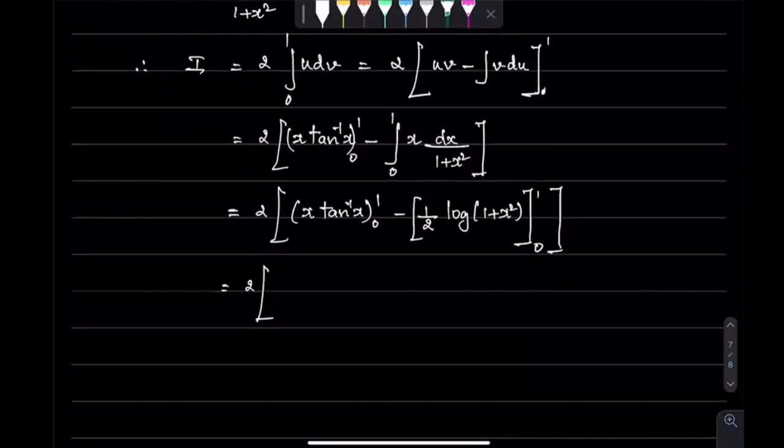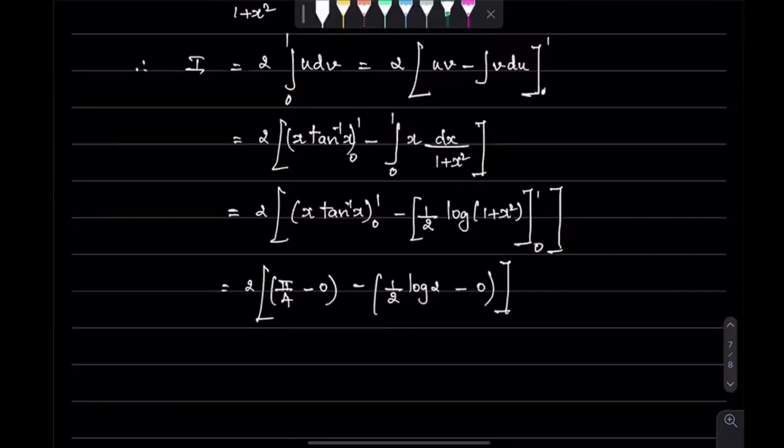Pi by 4, sir. Pi by 4. I get pi by 4 minus 0, done. Minus 1 by 2 times of log 2. Correct? Yes, sir. Log 2 minus log 1 will become 0. So the answer is pi by 2 minus log 2, which is right.